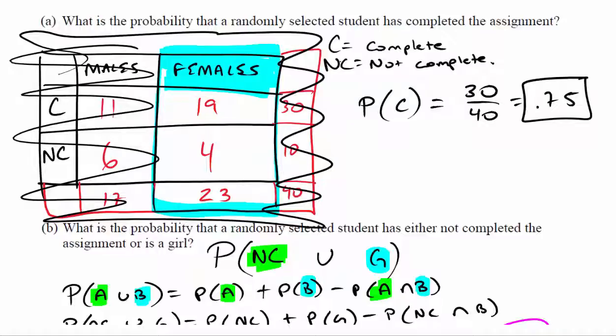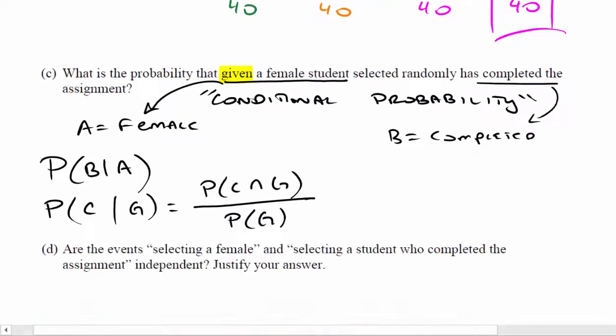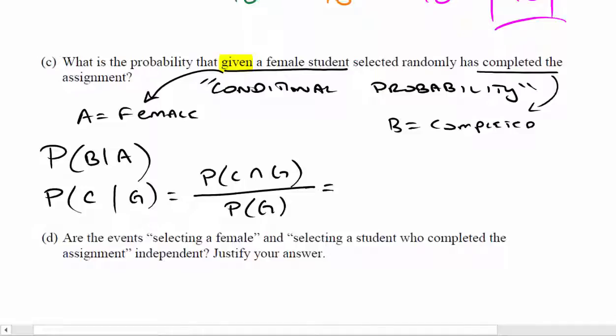Well, we can see it's 19. So if we went back, since I did mark probability, we would do 19 divided by 40 over the total number of females, which was 23. Now the 40 is irrelevant in this case because we're not looking at the total group. So regardless, this still reduces to 19 over 23.